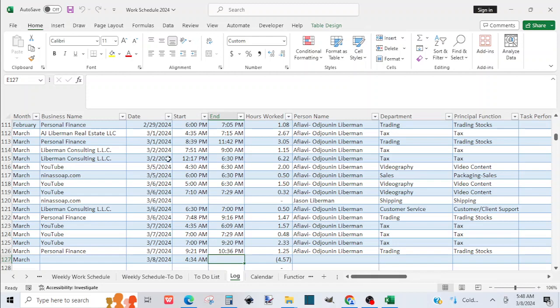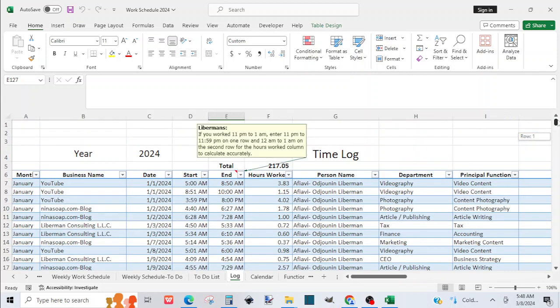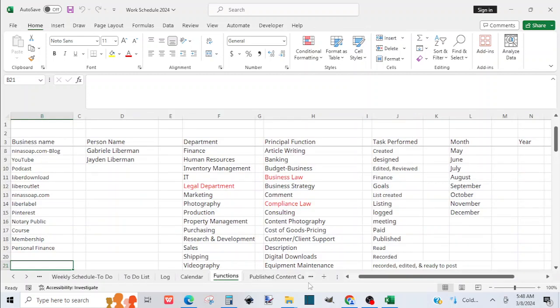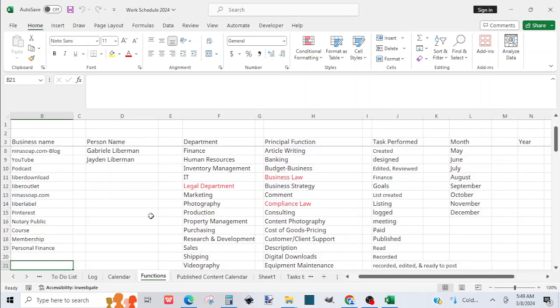But you can design your own, or you can purchase one from libermandownload.com. There is a function tab that you can download.